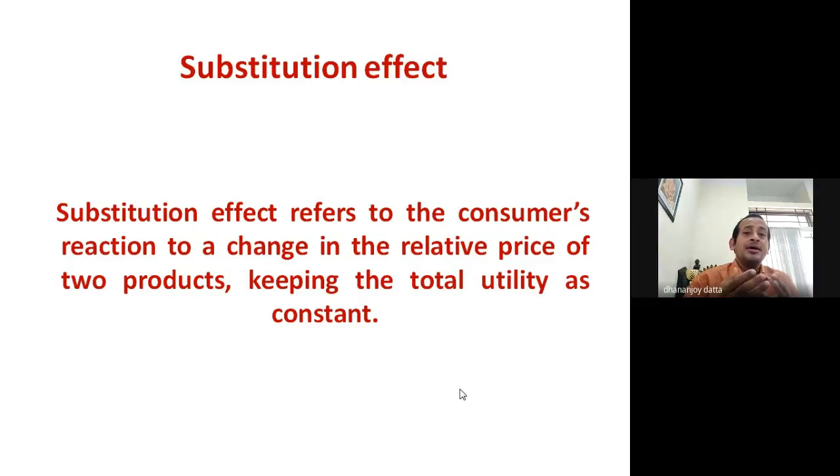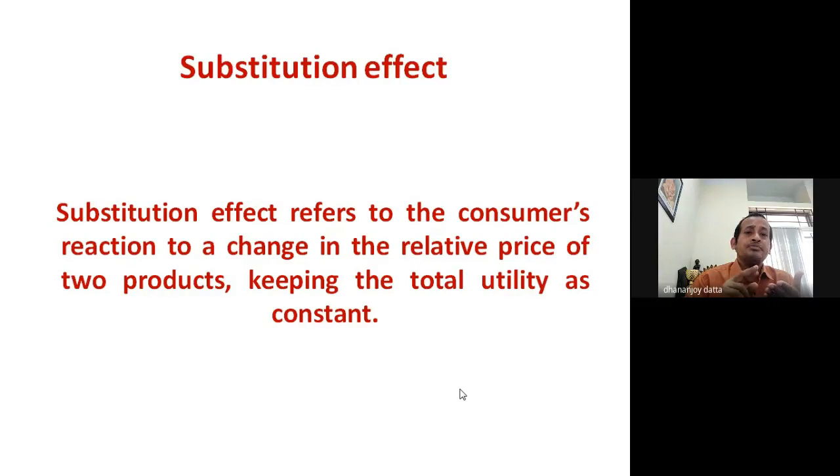Say for example, the price of pizza has come down. A customer was consuming pizza and chocolate. The price of pizza was 100 rupees per pizza, and we are assuming chocolate at 50 rupees per chocolate.